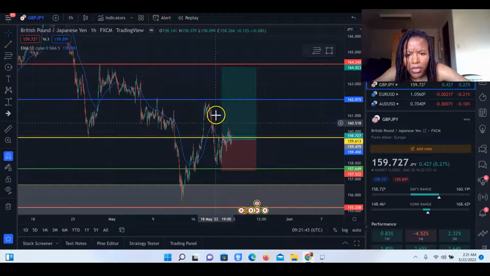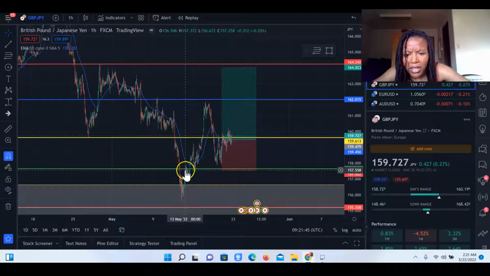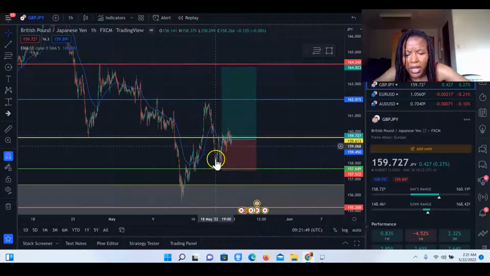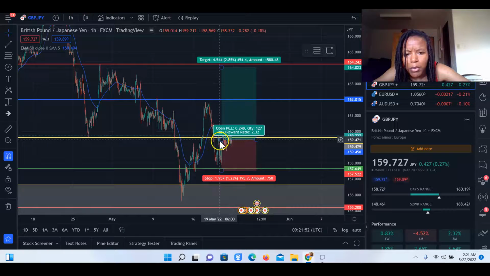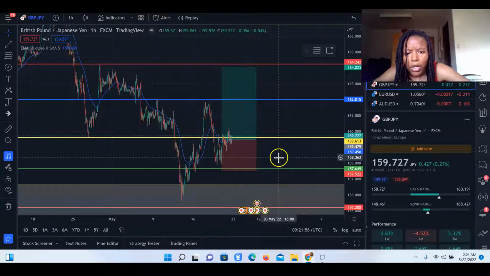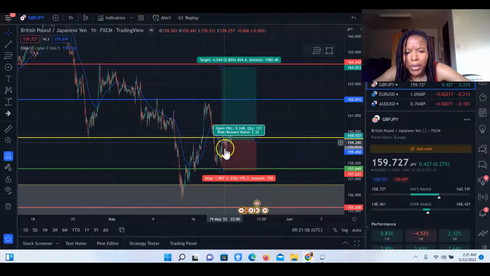All right, so we see price came up, broke, came back to one of our fib levels, and then started pulling out. So you can choose to take a bigger stop loss. It's still a 2.32 risk to reward.